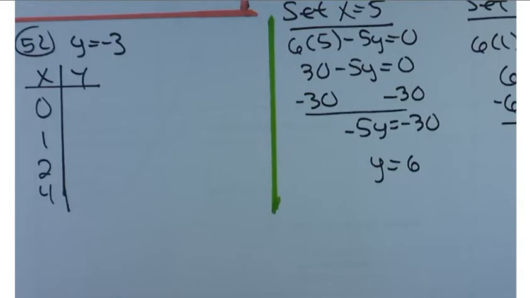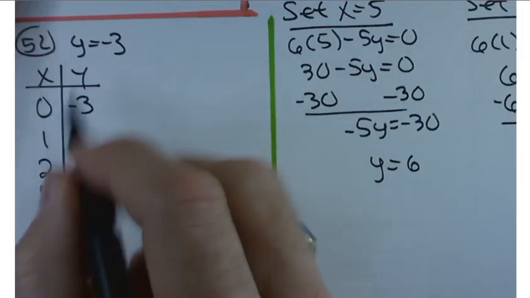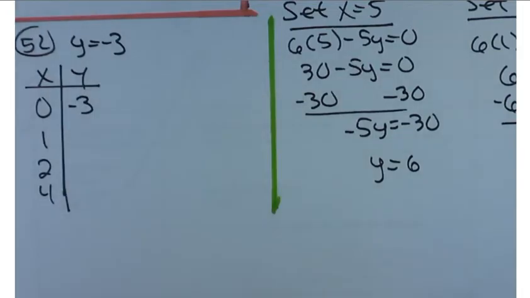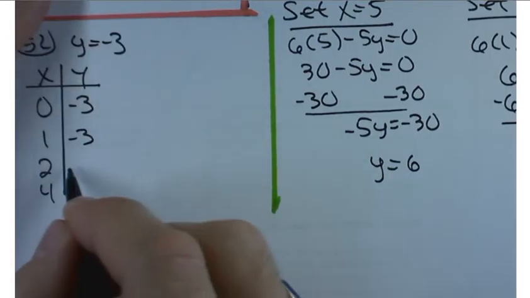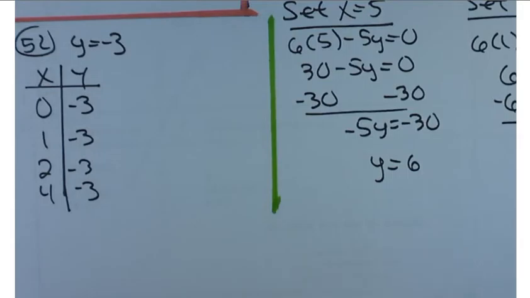If I plug in 1 in for x, what do I get for y? -3. And I think I see a trend. 0, -3, 1, -3, 2, -3, etc. It doesn't matter what x is, does it? Y is always stuck on -3. So it's called a constant function.